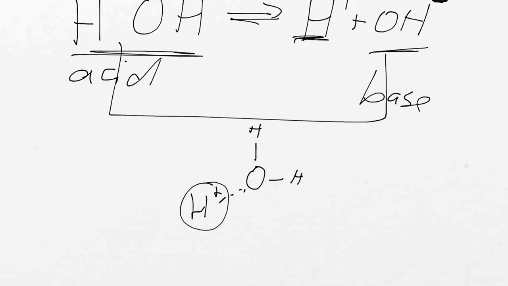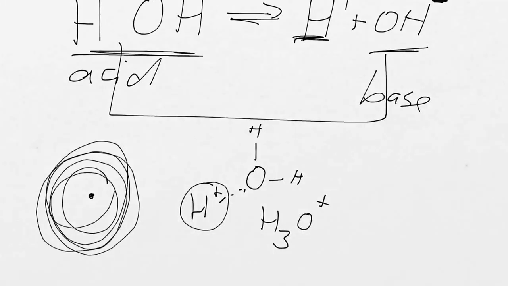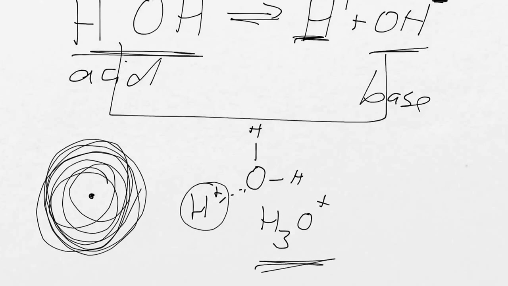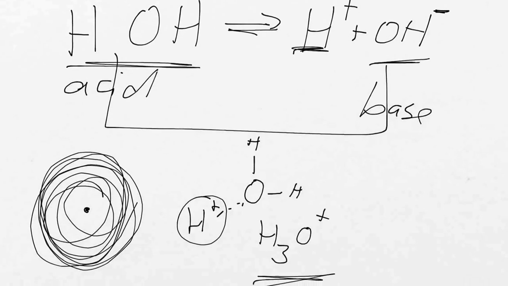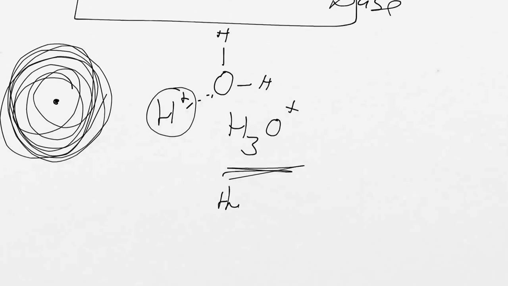Yeah? So you would probably have H3O+. But actually that's not what happens. Usually you have this little proton sitting here, and you've got a huge shell of water molecules sitting all around it. It sort of shields this positive charge. But very often you will see this written like that, and this is called a hydronium ion.